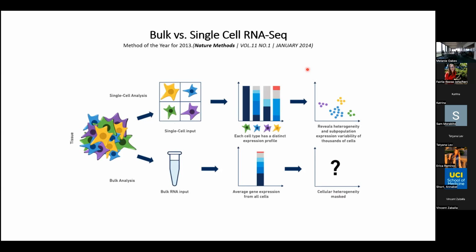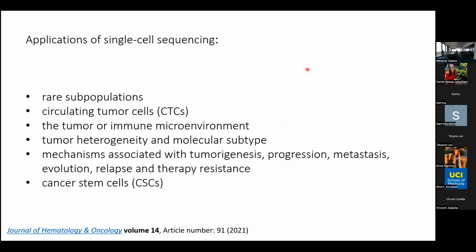We can identify subpopulations, whereas in bulk they've been averaged out to some level. These are some of the applications: to find rare subpopulations, to look at circulating tumor cells, for instance, to look at microenvironments, to look at stem cells.